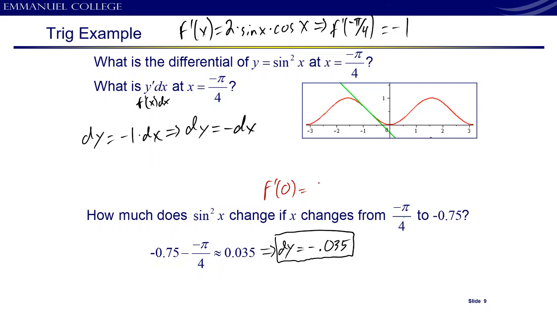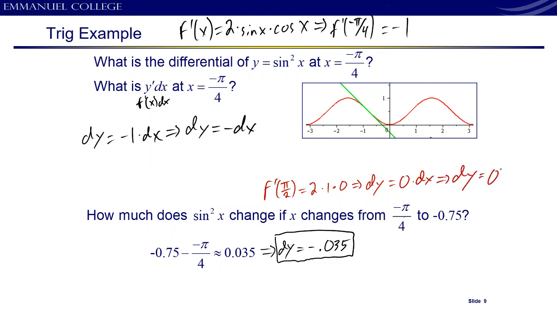It just happens to be 0 here. Or just to show that it's not just at 0, let's say I do f prime of pi over 2. Then I get 2 times 1 times 0. So that means dy is equal to 0 times dx.